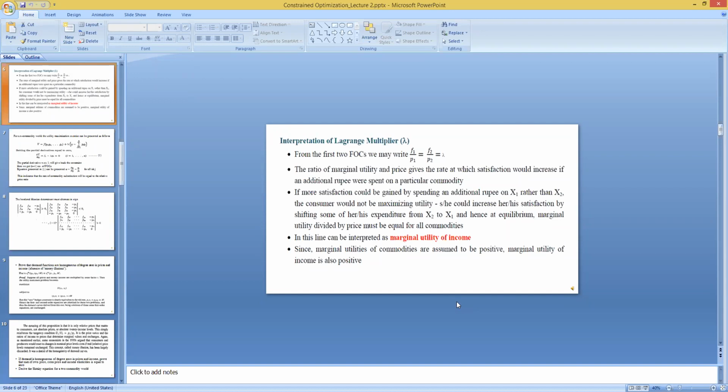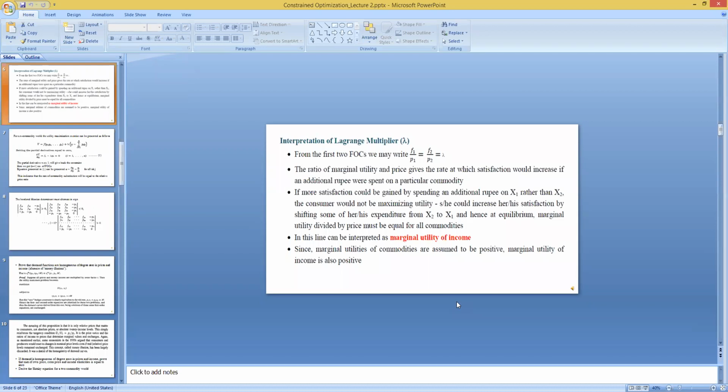Now, if you look at the first order conditions, the value of the Lagrange multiplier is coming as F1, that is marginal utility divided by price. So it is the marginal utility of the commodity deflated by price, as if it is the marginal utility of your expenditure. That is, you have some marginal utility and you want to derive it in real terms. Therefore, you are deflating it by the price.